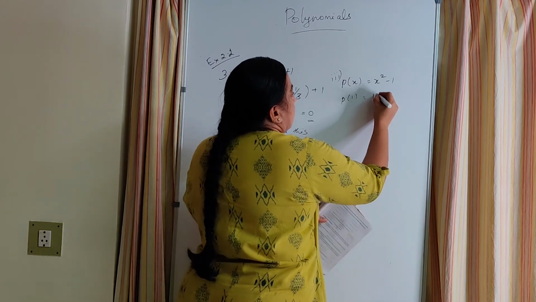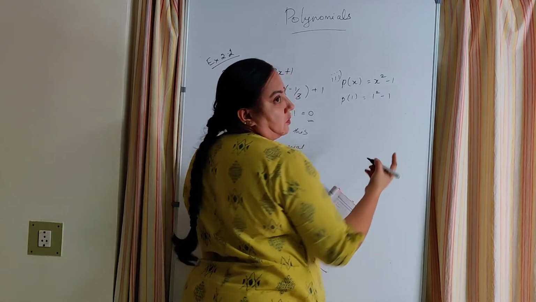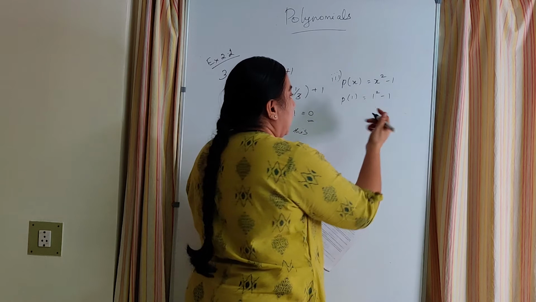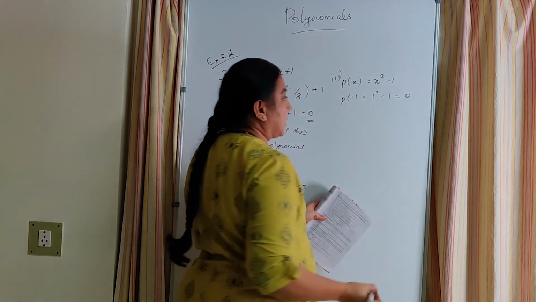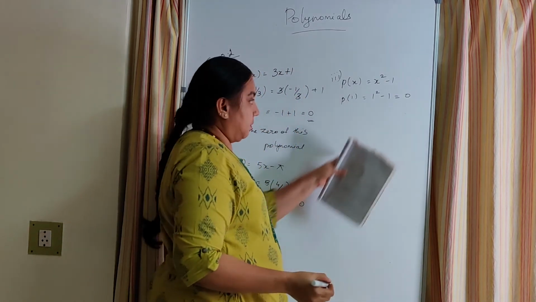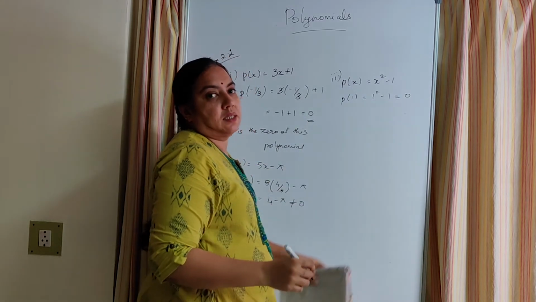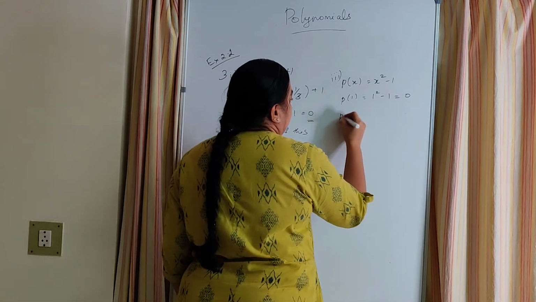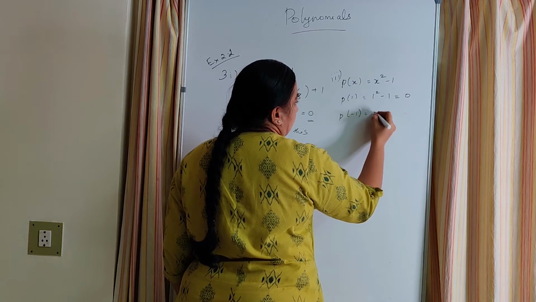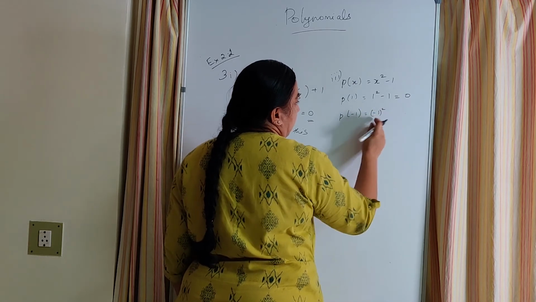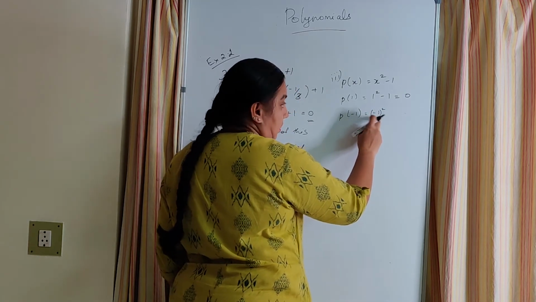1 square minus 1. 1 square is 1 again. 1 minus 1 is 0. So yes, this value 1 is the zero of the polynomial. And p of minus 1 is equal to minus 1 whole square. So the square is for this minus also.